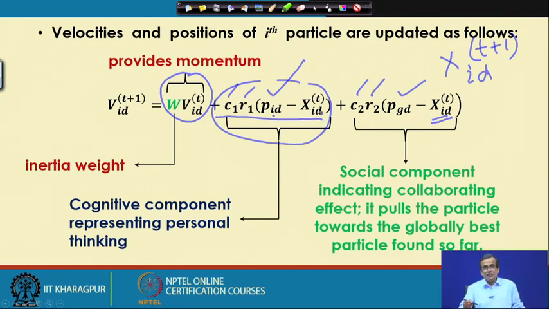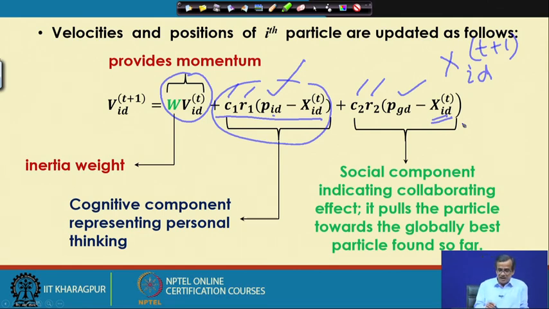Another thing he will have to do is keep track of what is happening outside in the world, what others are doing, what is the globally best solution. Then only Dr. X will be able to make significant improvement in his professional life. So, the same principle of particle swarm optimization is applicable to our life also.